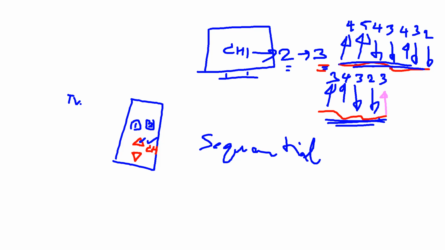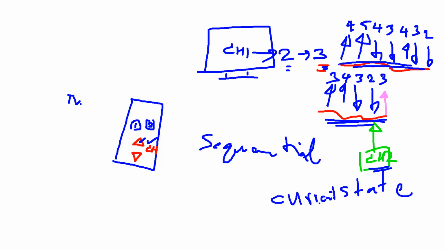But if you know the current state, for example, if you know that now the TV is on channel 2, that is the current or present state.